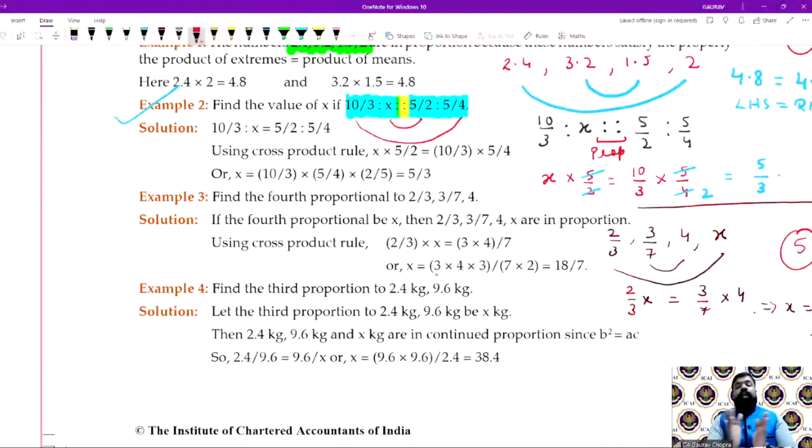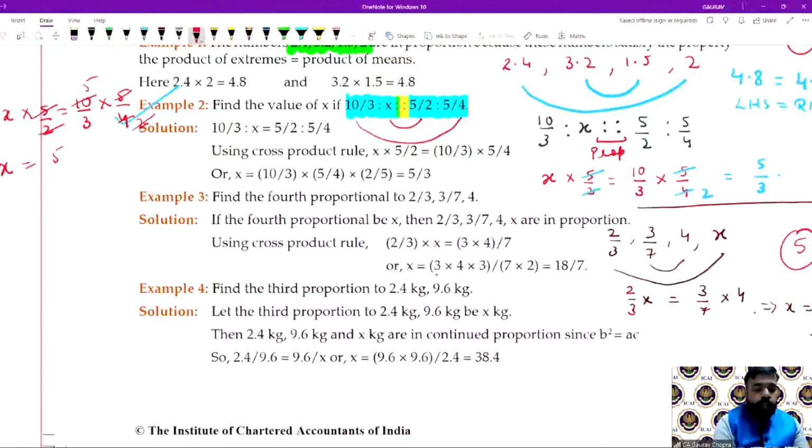So if you multiply x into 5 by 2, which is equal to 10 by 3 multiplied by 5 by 4, you can solve and get the value of x. So cancel 5, cancel 2 and again cancel. So we are getting x as 5 by 3. Okay, Purva?